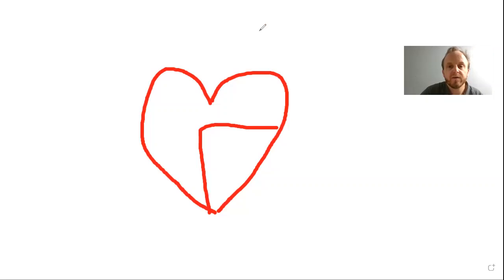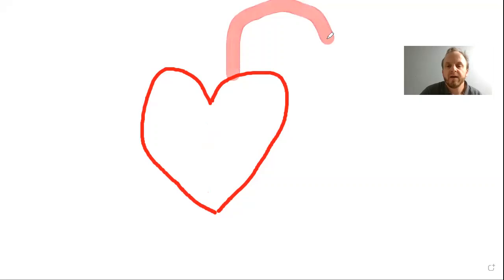Now, with a heart attack, the left ventricle will typically pump out blood out of the aortic arch. That goes over the top. There's a huge artery exiting the heart through the aortic valve, which sits just at the top or below the aortic arch.